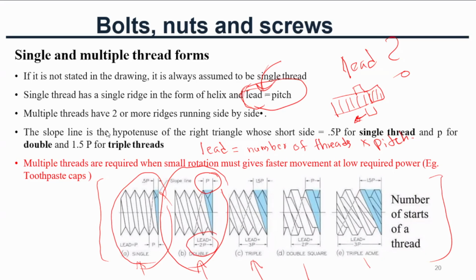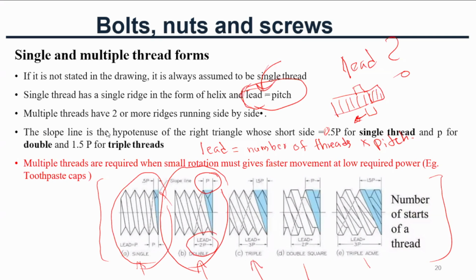Then the slope line is the hypotenuse of a right triangle whose short side equals 0.5 P for a single thread, P for a double thread, and 1.5 P for a triple thread. So for a single thread the short side equals 0.5 multiplied by pitch, where P means pitch. For a double thread it equals the pitch.